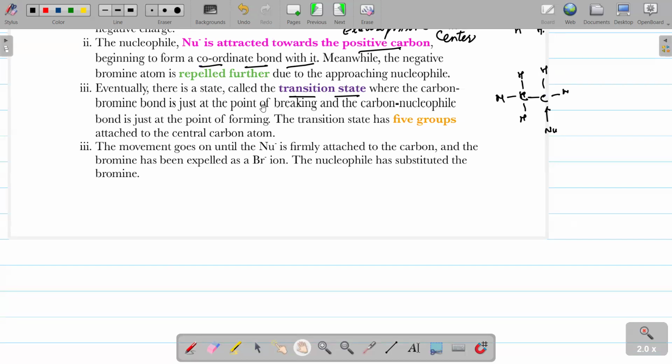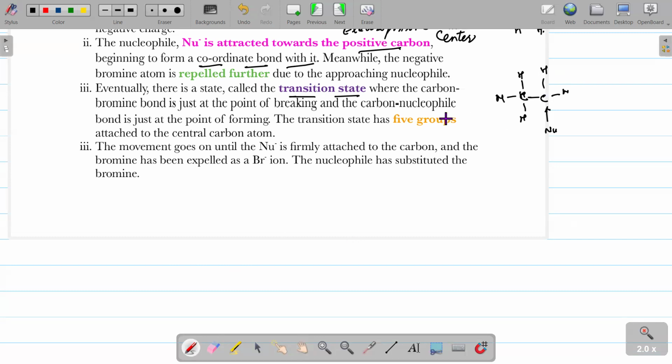Clear? So here you can see the carbon bromine bond is just at the point of breaking and the carbon nucleophile bond is just at the point of forming. So the transition state has 5 groups attached to the central carbon atom. So which 5 groups? Look at this.